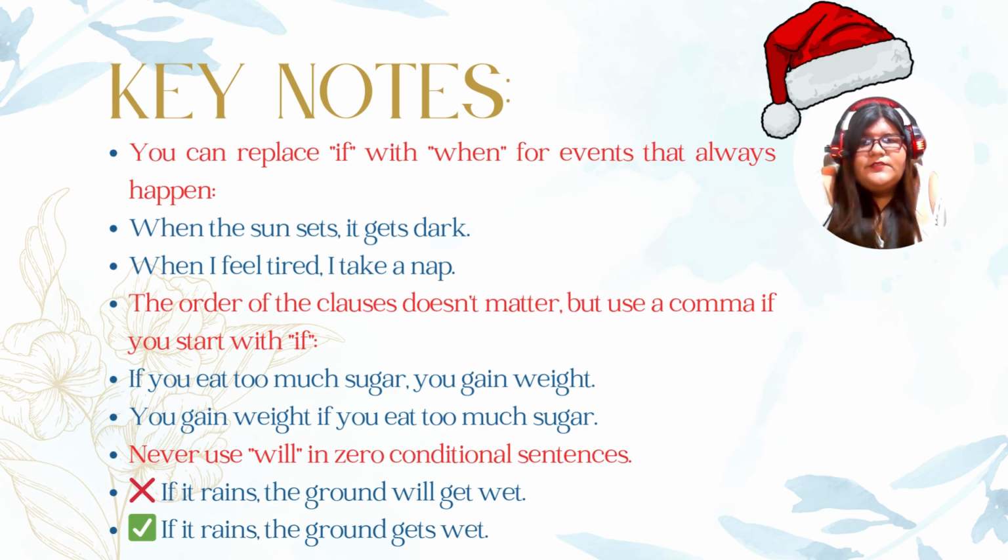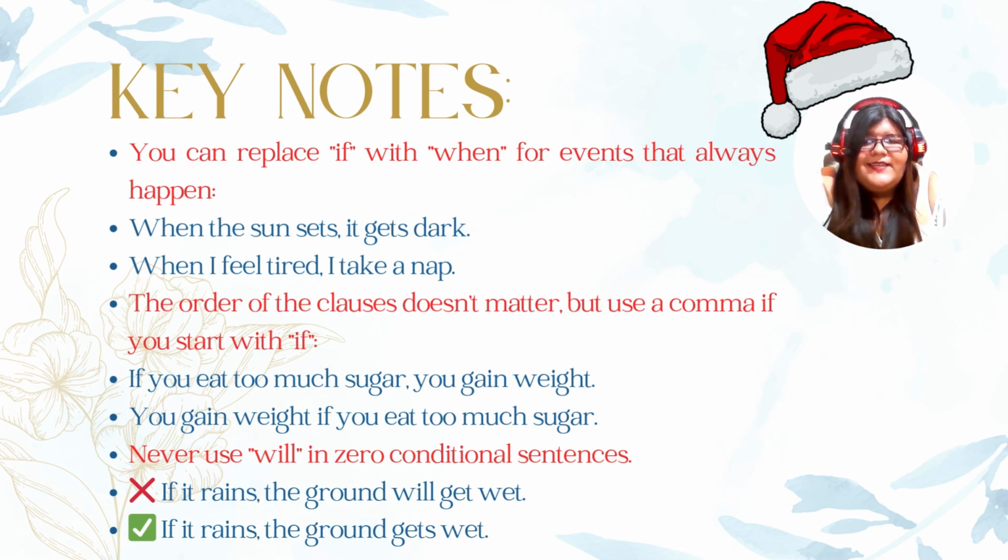Then we have: the order of the clauses doesn't matter, but use a comma if you start with if. If you eat too much sugar, we have the comma here, you gain weight. That is a truth and a fact, right? You gain weight if you eat too much sugar. Basically, it's the same sentence, structured differently without the if, right?